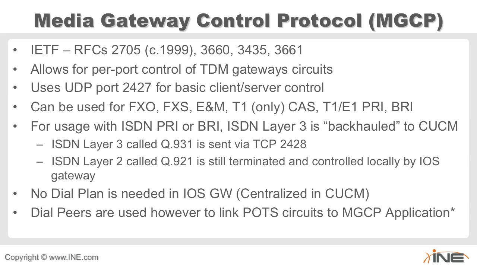We'll talk a little bit more about this. Still terminated and controlled by the local IOS MGCP router, but layer 3 is tunneled and sent directly, not mapped and relayed, but it's literally tunneled and sent directly via TCP 2428. So the control is 2427, but UDP. The backhaul is 2428, but TCP.